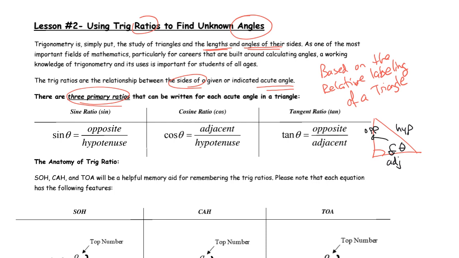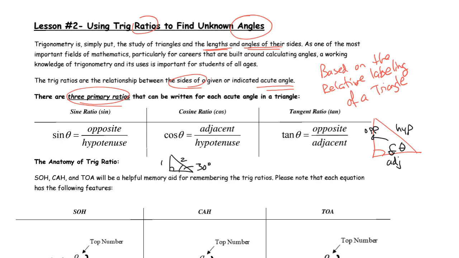Now, it turns out, regardless of how big the triangle is, those ratios are always the same for a given angle. Just by way of an example, this is one ratio that I know off the top of my head. If this is 30 degrees, then I know that one possible relationship is that the opposite side is 1 unit of length.